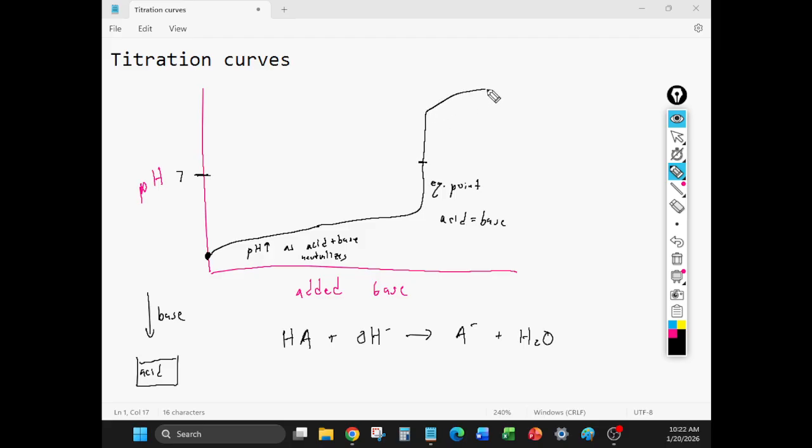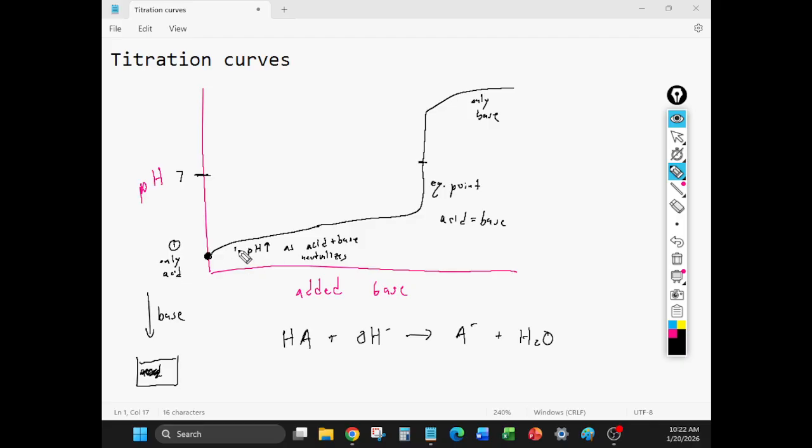And once you get past the equivalence point, all the acid has been neutralized, and all you're doing is just adding more base. So in here, it's all neutralized. And if you just keep adding base, you're going to have a pH that is greater than 7 because it's basic now. Okay, so that's the key thing to notice about titration. You first start with only acid. So that's the first part. So right here, this is only acid.